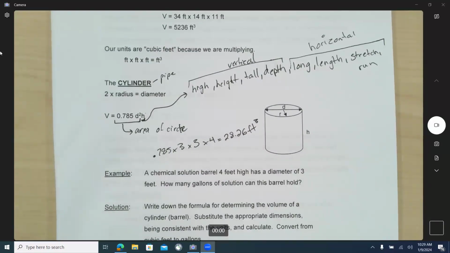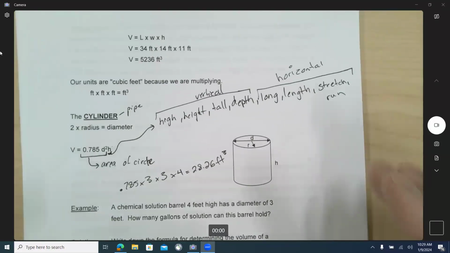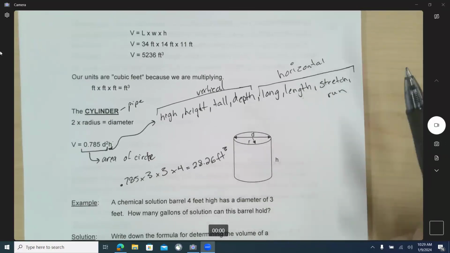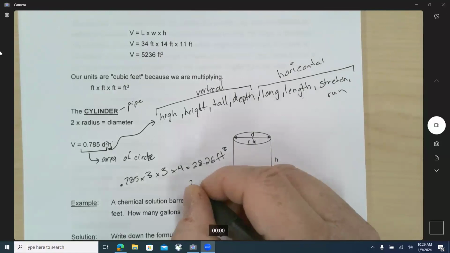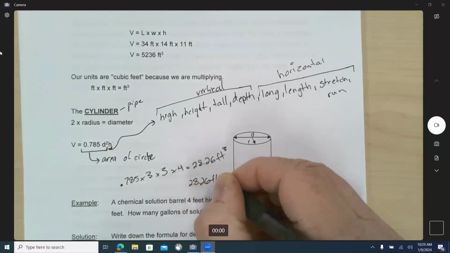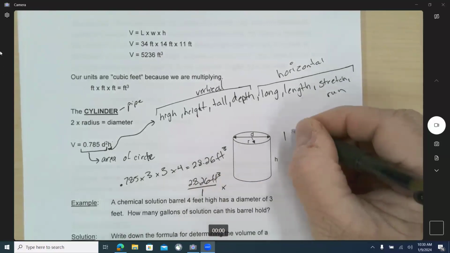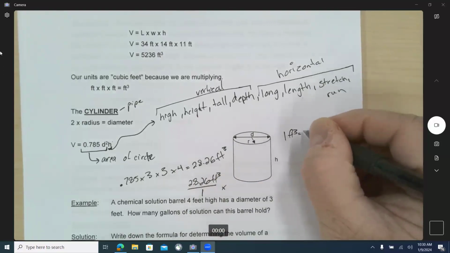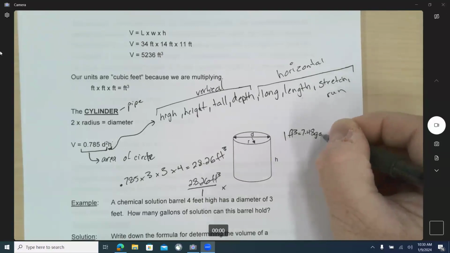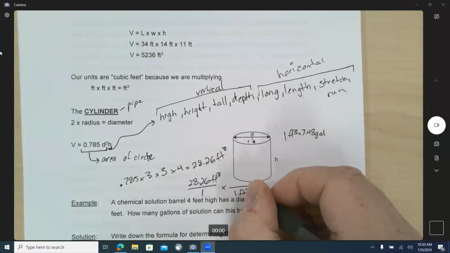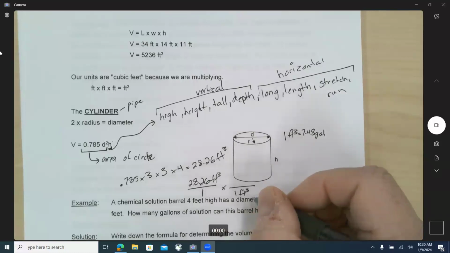All right. So the very first thing, okay, we got 28.26 cubic feet, but this asks for how many gallons the solution will hold. So let's go ahead and do this the traditional way. I got 28.26 cubic feet over 1. Well, I know that 1 cubic foot equals 7.48 gallons, right? So my cubic feet are on the bottom. They got to be on the bottom to cancel.